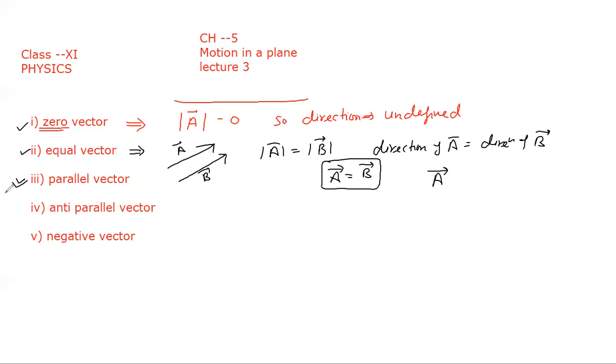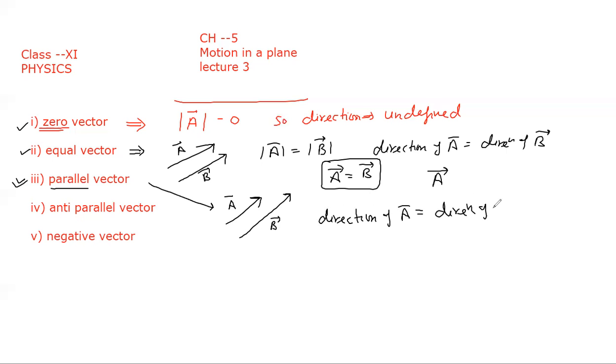In parallel vectors, there is no compulsion that the magnitude of A equals the magnitude of B. The only compulsion is that the direction of A equals the direction of B. So parallel vector is clear.